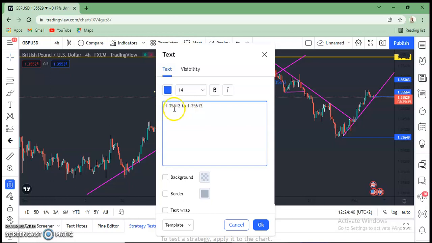So when we count this one, 1, 2, 3, 4, and this one, 1, 2, 3, 4, it means the market moved 10 pips, because you subtract this one from this one and you get 10 pips.